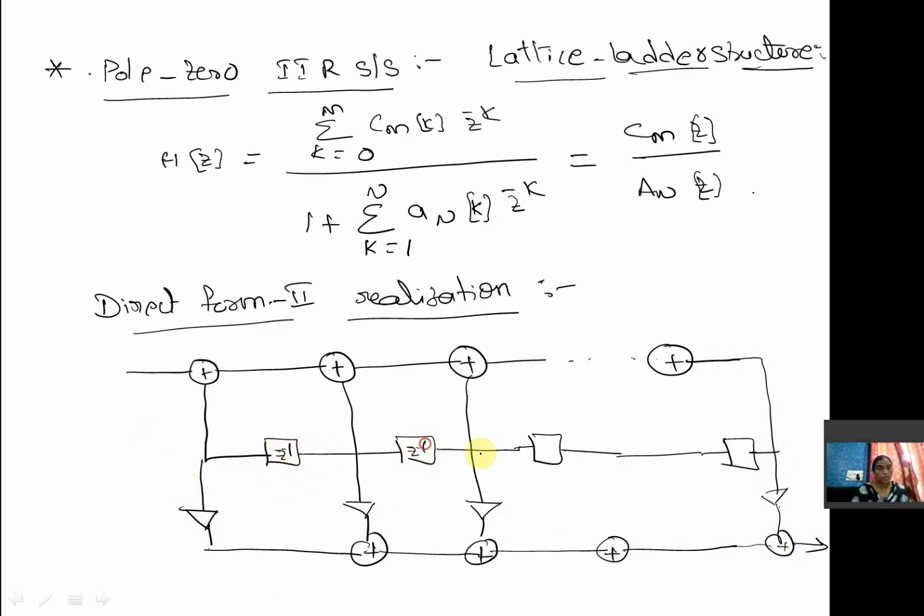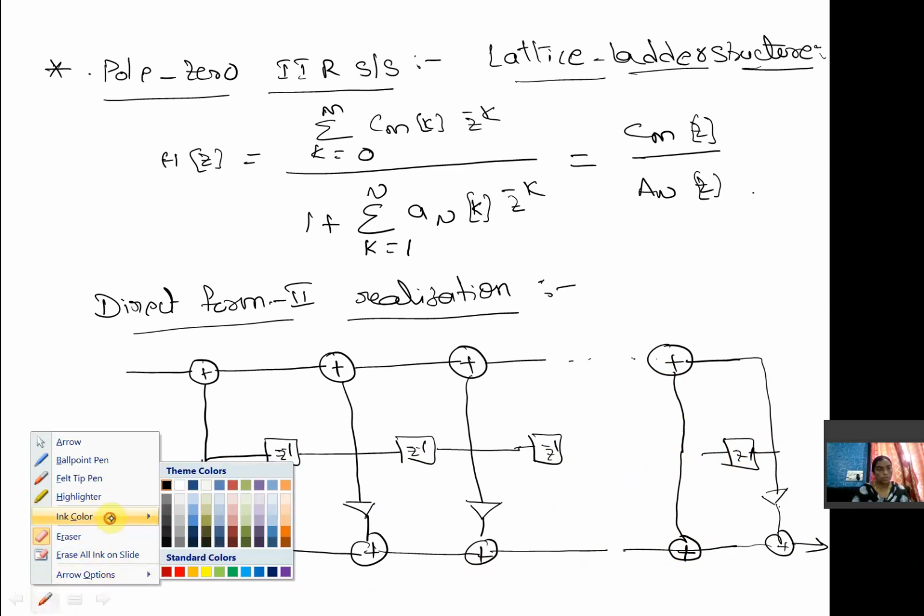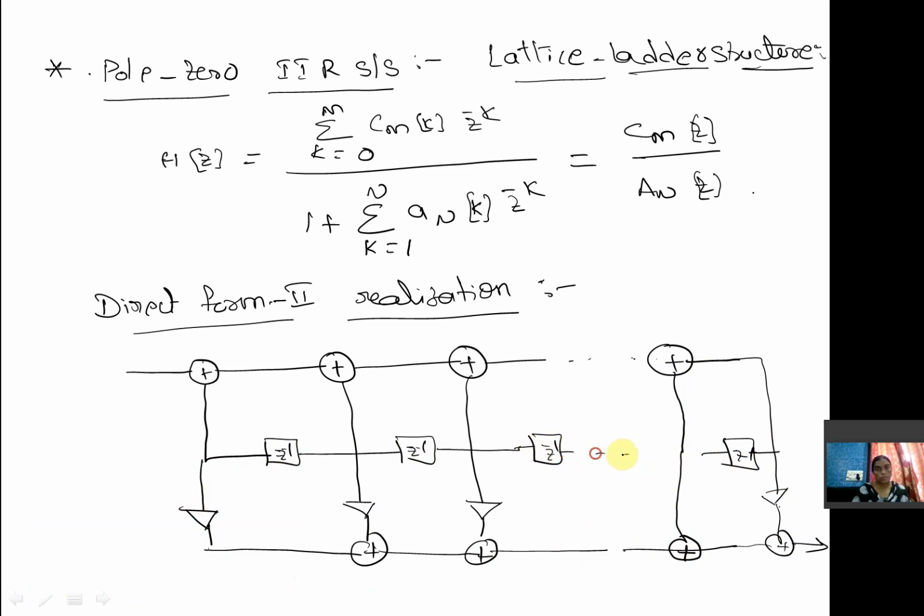Z inverse, Z inverse, Z inverse, here Z inverse. This was already drawn in the previous videos where we had the discussion.